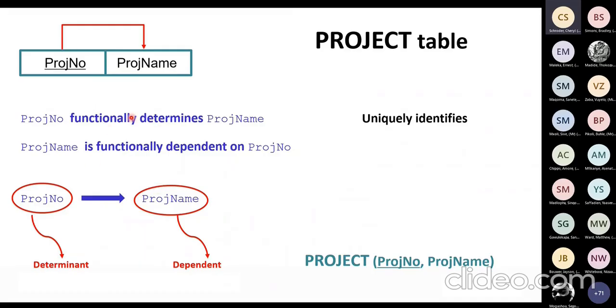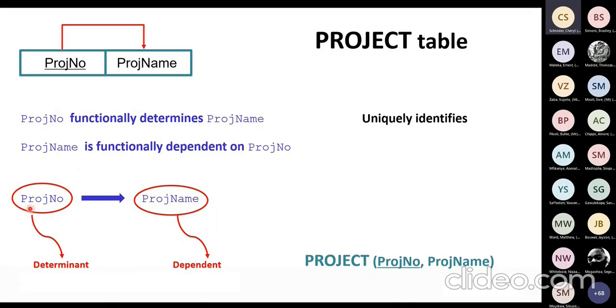What we do is replace these words with an arrow. So we can say proj number, the value entered there, will functionally determine the value seen in the project name attribute. This little phrase, project number, right arrow, project name, reads: proj number functionally determines proj name.